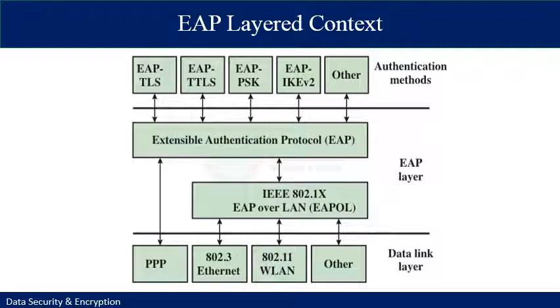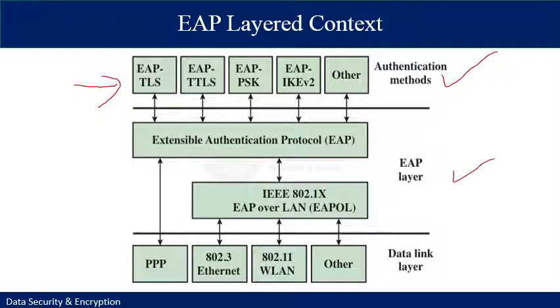This figure illustrates the protocol layers from the context of the EAP layer, which has the authentication methods which you have seen in many of the wireless authentication methods, such as EAP-TLS, TTLS, PSK, and IKE, along with others.